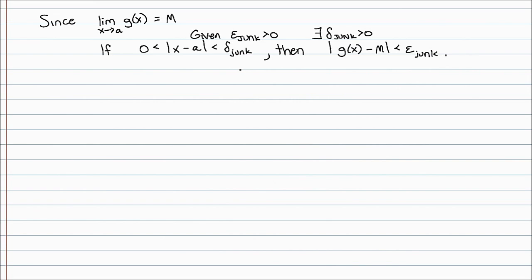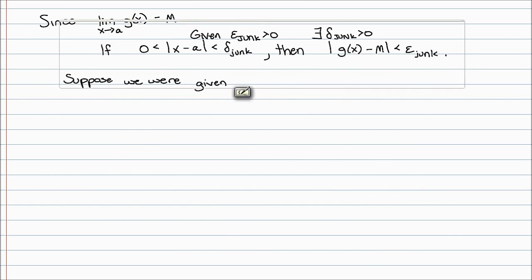This might seem kind of weird, but let's suppose that the epsilon we were given is the following: epsilon over 2. So suppose that somebody came along and they said, oh, you know what, this proof, they're working with epsilon equals 20. So I'm going to make it tighter. I'm going to give them an epsilon equals 10, 20 over 2, right?